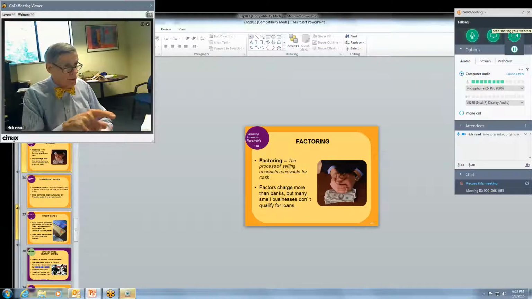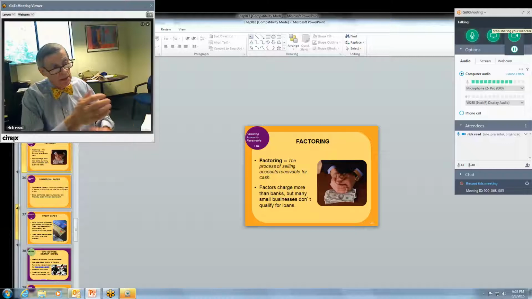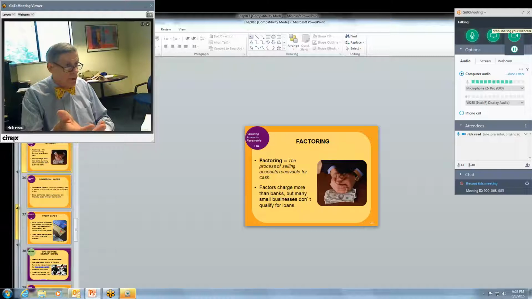The factoring organization will say something like, okay, we'll pay you 90 cents on the dollar. So in other words, if you have credit that's outstanding for $10,000, they'll pay you $9,000. I mean, they'll give you the cash right now. So you have that cash in hand, whereas you wouldn't have it because you're still trying to get people to pay.